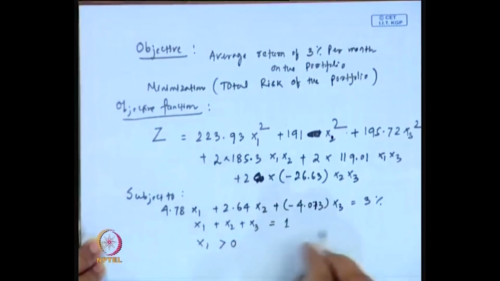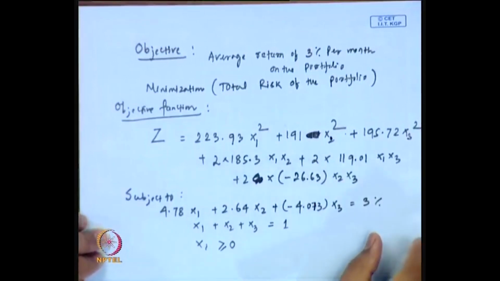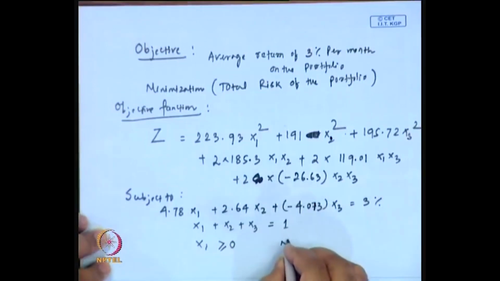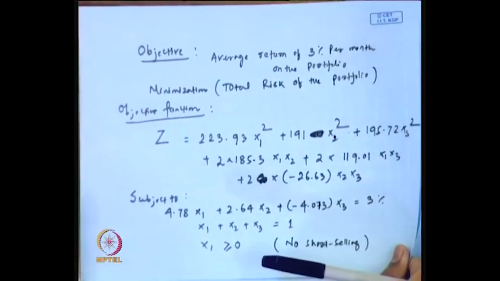That means x1, x2, x3 all are non-negative. That means we have to allocate the funds in such a way that there is no short selling. No short selling is allowed in this particular case.